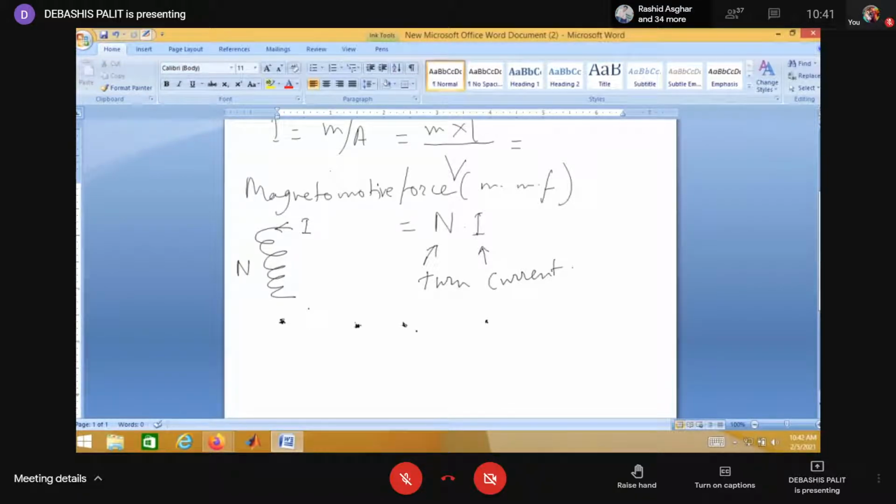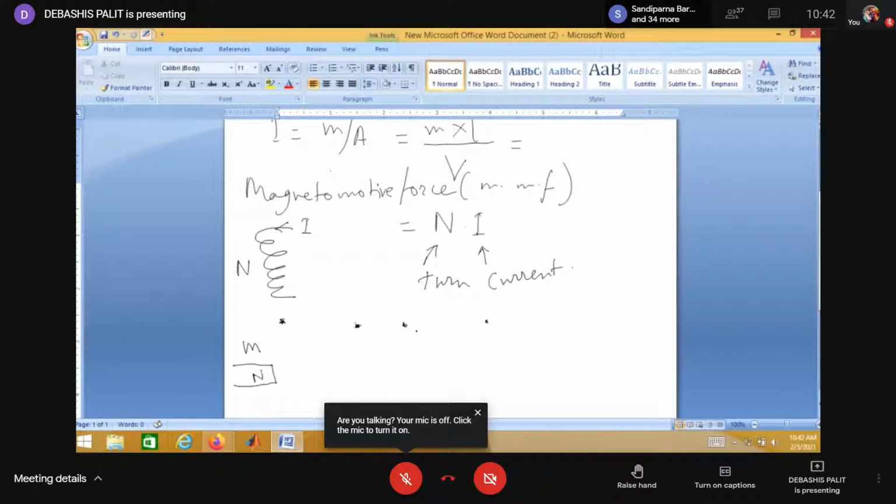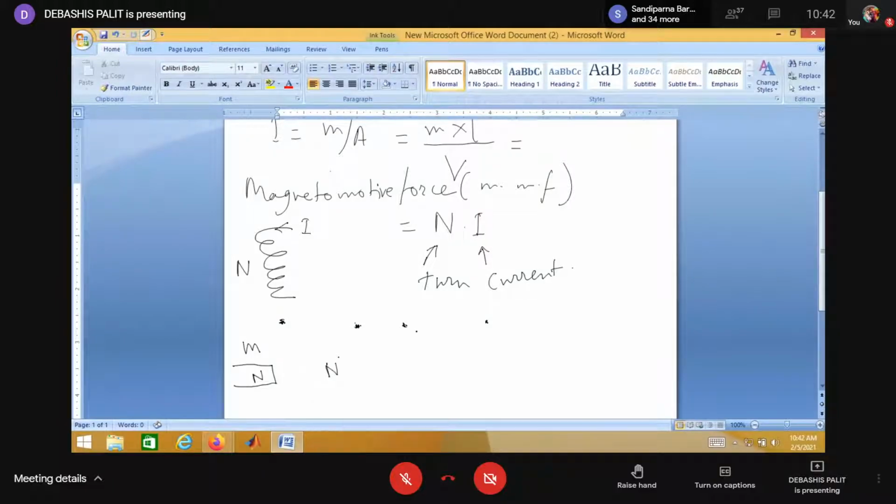If M is the pole strength of a magnet, and there is also a unit north pole, there is a repulsive force according to Newton's law.